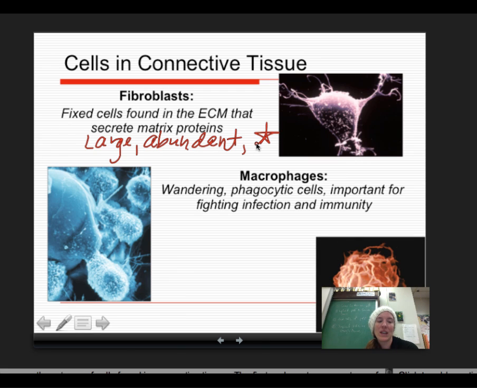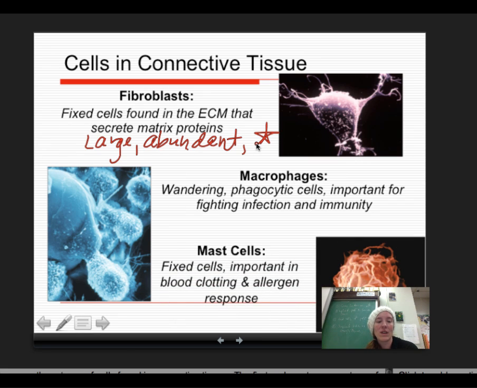And then the last type of connective tissue cells are mast cells. And mast cells are fixed, just like fibroblasts, and that means that they stay in one place in the extracellular matrix. They don't move around like the macrophages. And they release chemicals that are important in blood clotting and allergen response.